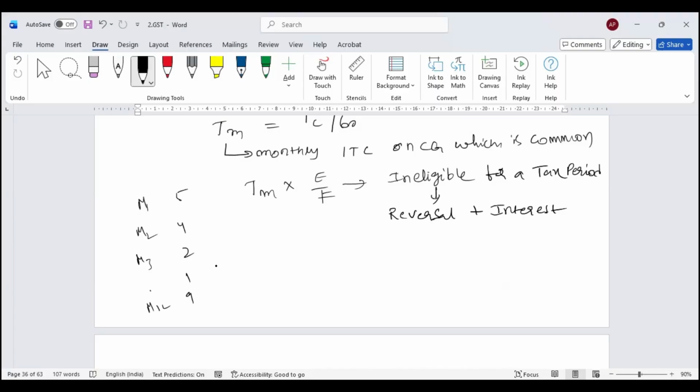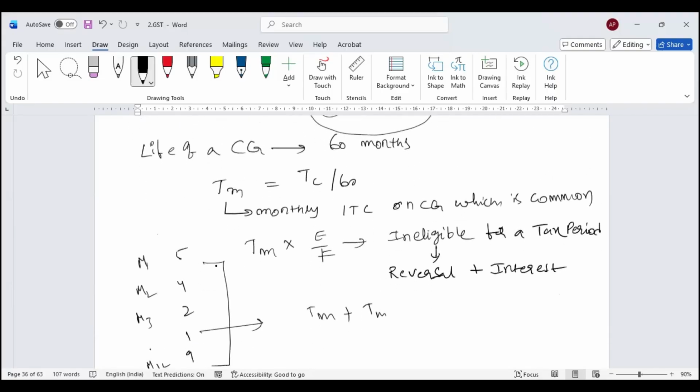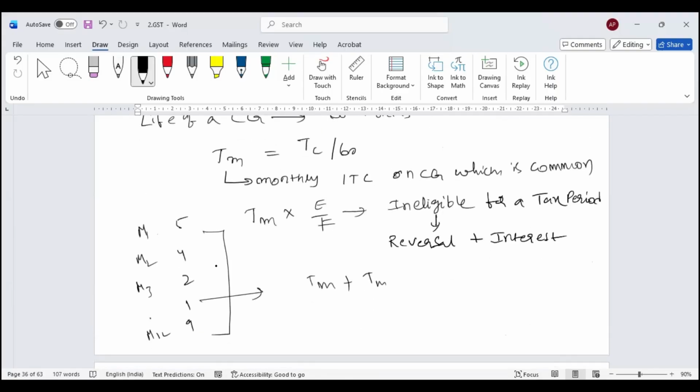Only thing, keep the track of your total credits. Now, this TM1, TM2, whatever common credits you have, TC, all this together they call your total credit called TR, which is supposed to be reversed on a periodical basis.